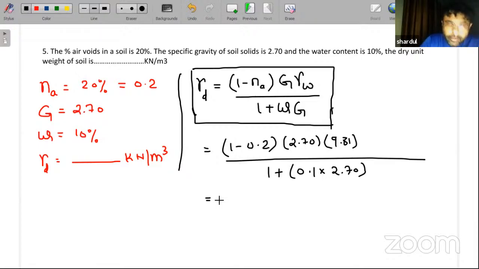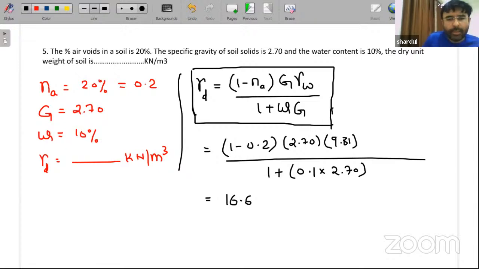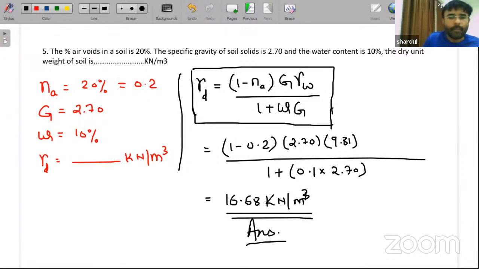So it is 1 plus 0.1 into 2.70, into 2.7 into 9.81 into 0.8. You will be getting the answer as 16.68 kilonewton per meter cube. This is the answer for this question.